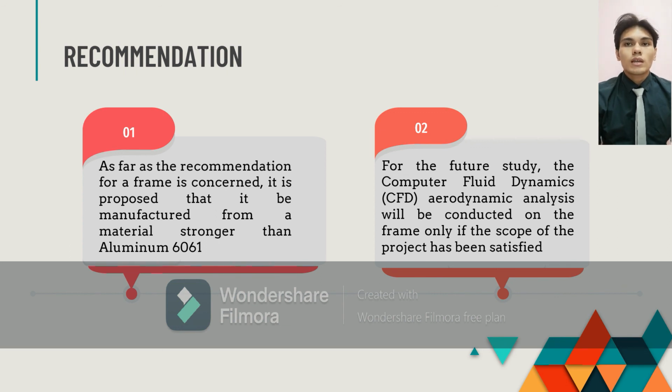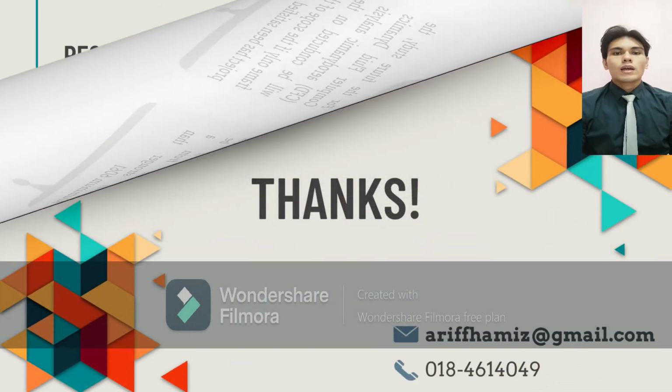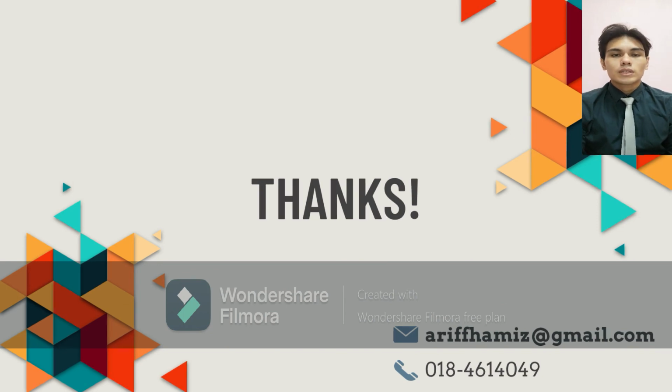For future study, if all the design requirements have been satisfied, we should move on to computational fluid dynamics, an aerodynamic analysis that will be conducted on the frame of the drone design. And that is all for my presentation video.